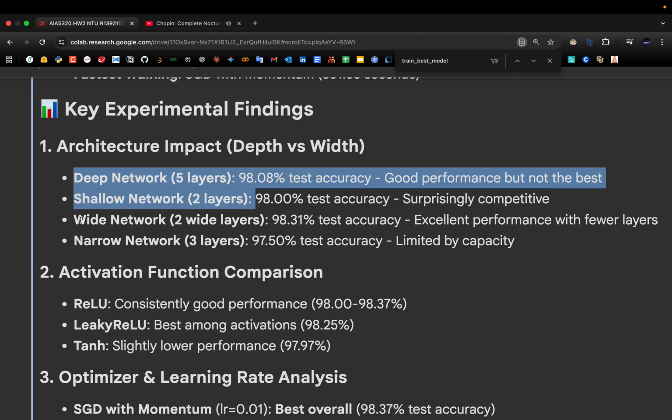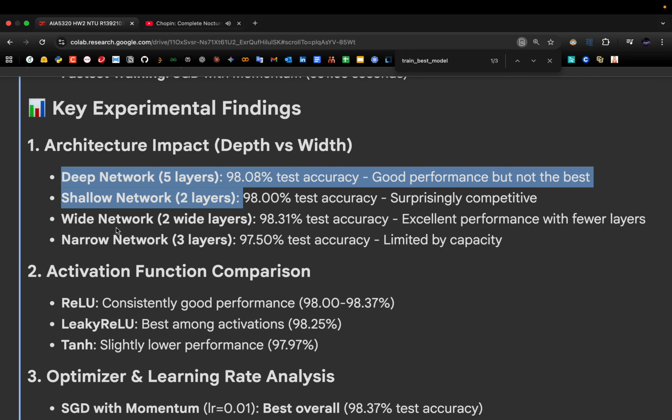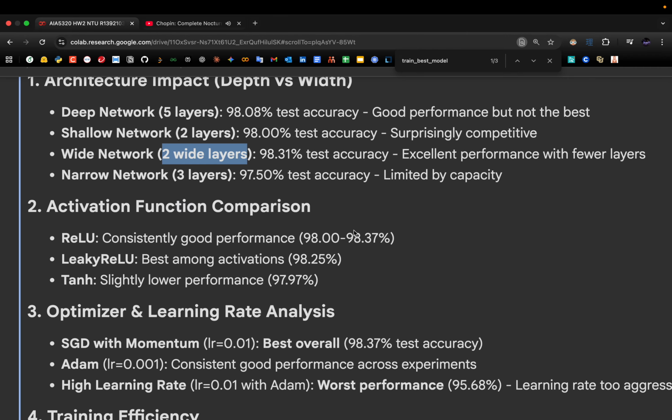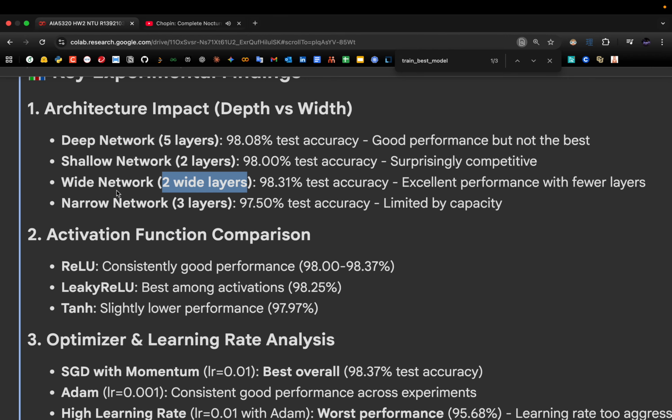Between the wide networks and narrow networks, we do see that the wide network, 2 wide layers, in this specific case, has a better test accuracy. But we cannot draw the general conclusion that wide is better. It is just a specific case where wide networks perform better on this dataset and configuration.